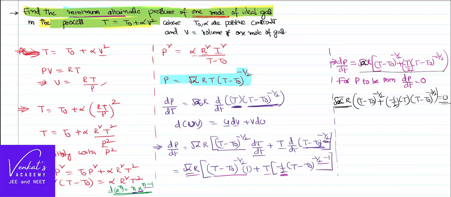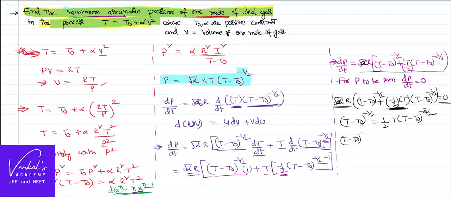This constant, when it goes to the other side, becomes a 0. This is a minus term. If you take it to the other side, it becomes a plus term. Then what happens? T minus t naught power of minus half equal to, this minus on the other side becomes a plus, half t minus t naught whole power of minus 3 by 2.